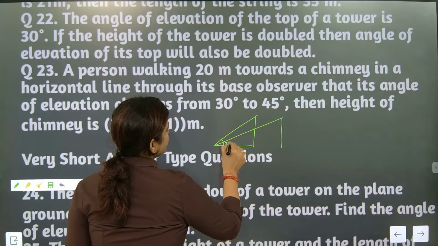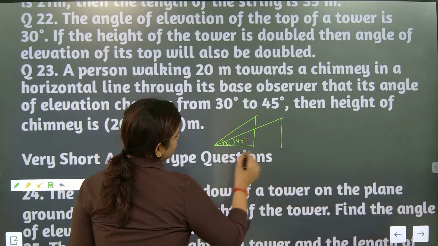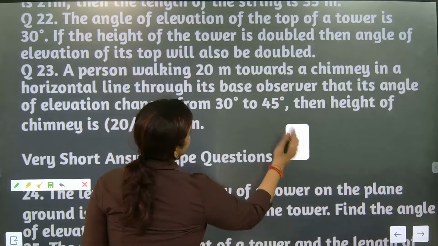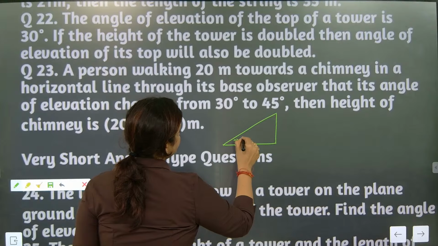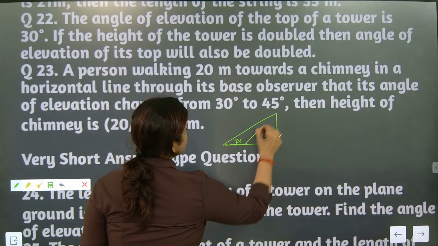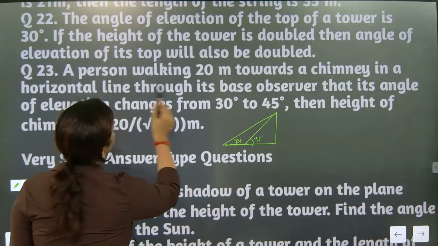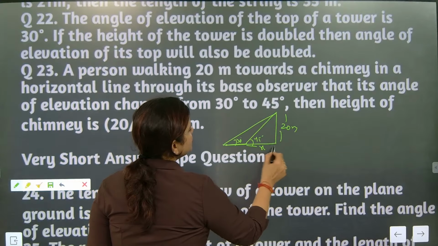First it was 30 degrees, now it is 45 degrees. Understood or not? Towards a chimney means first it is 30 degrees, and after going some distance it will become 45. So the person walks towards the chimney, and this distance will become x.